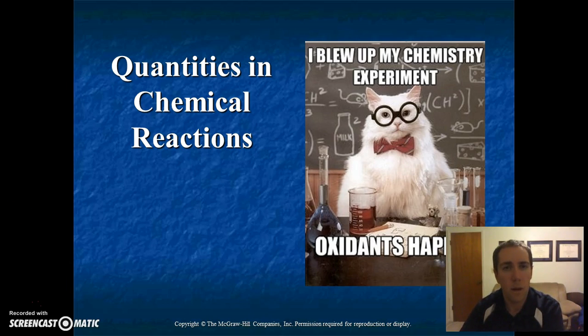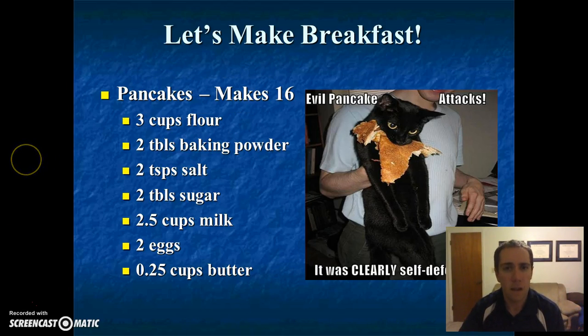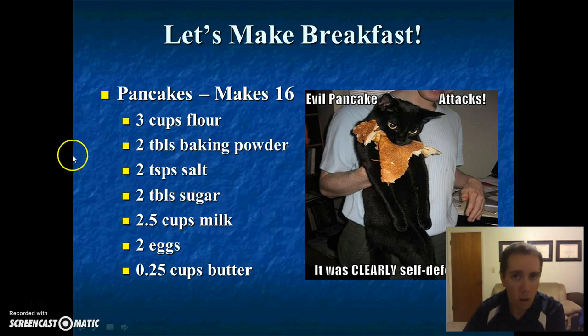And so I think it's going to help if you imagine our chemical reactions and our reactions that we write out as being like a recipe. So this is something that you see all the time. If you want to make 16 pancakes, you need 3 cups of flour, 2 tablespoons of baking powder, 2 teaspoons of salt, and so on.